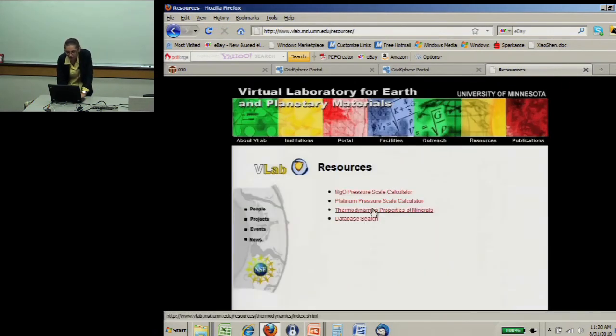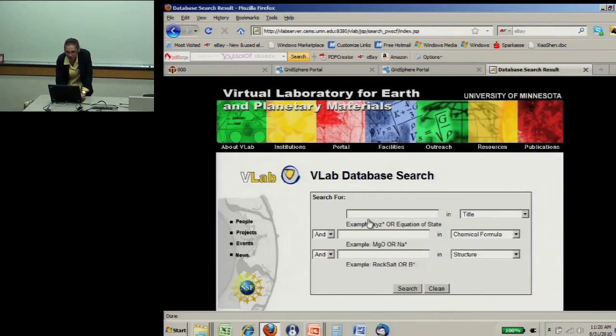And finally, just the last thing, the database. These are projects or results that have been produced within VLab, and these are examples that you can check to learn how to submit your own jobs later. This works like the Web of Science. I'm going to search if anything has been done in Wadsleyite.